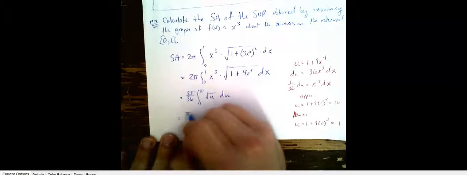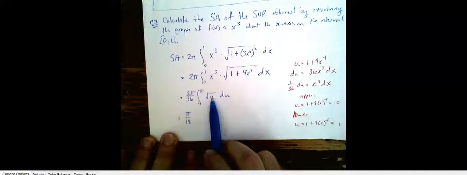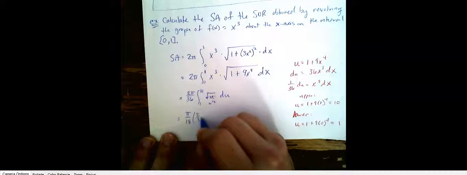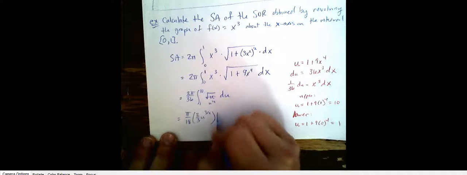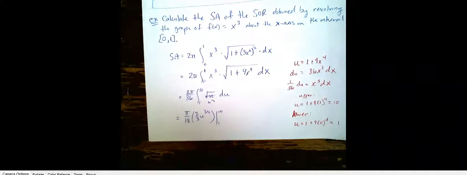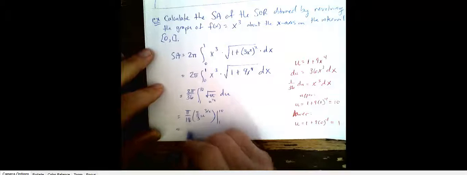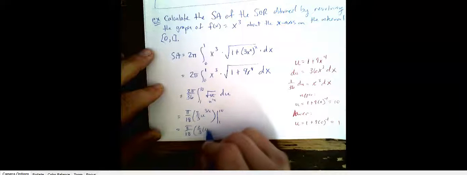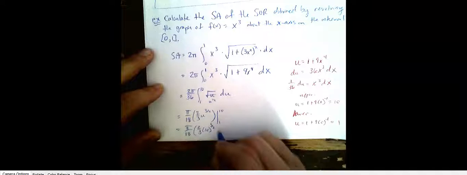Alright, so simplify here, pi over 18. The antiderivative of the square root of u, or u to the 1/2, would be 2/3 u to the 3/2 from 1 to 10. So we get pi over 18 times 2/3 times 10 to the 3/2 minus 2/3.